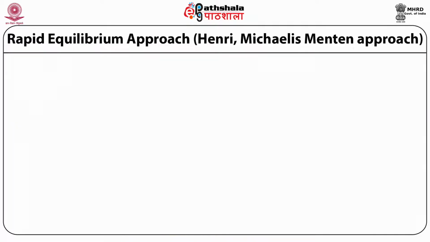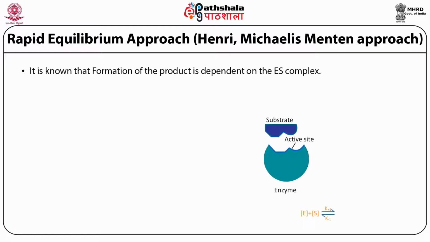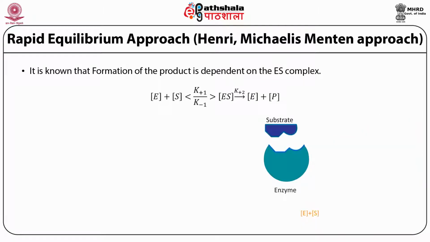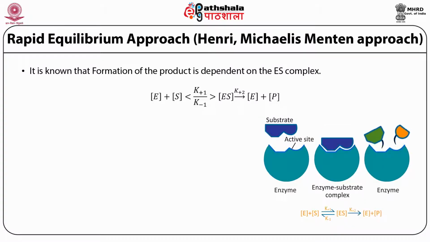The first approach of single substrate kinetics is the rapid equilibrium approach, which is also known as the Henri Michaelis Menten approach. In single substrate kinetics, the enzyme combines with the substrate producing the ES complex with the rate constant K plus 1, and the ES complex is converted into the product with the rate constant K plus 2.